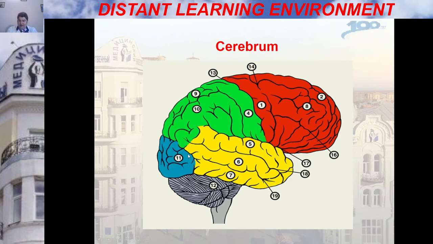Each lobe consists of a number of gyri, which are called lobules, at places bounded by the sulci of the brain surface. The frontal lobe. At the posterior part of the outer surface, or superior lateral surface, of the lobe is the precentral sulcus. You may see it on this picture, number 14.